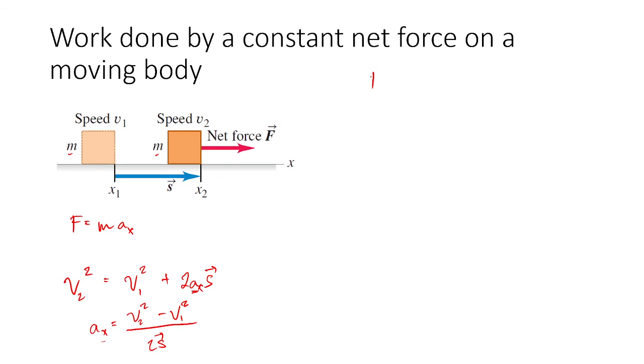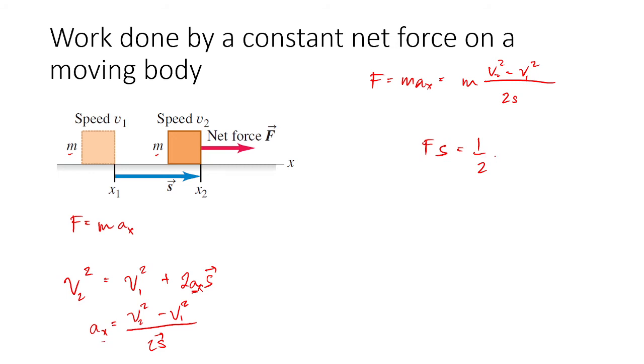Wherein, you can write that our force is equal to mass times acceleration in x, which is equal to mass times v2 squared minus v1 squared all over 2s. And by some manipulation, you can move that S to the F. Wherein we will have Fs equal to, leaving the 2 here at the bottom, 2.